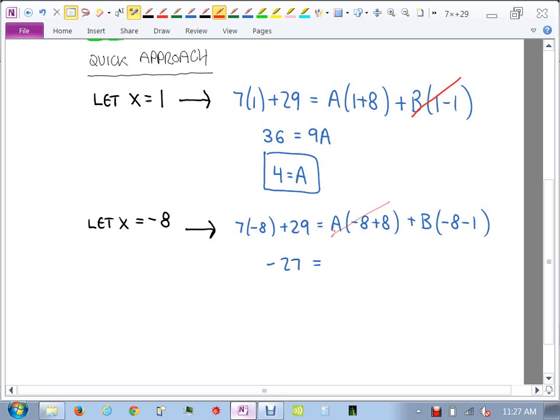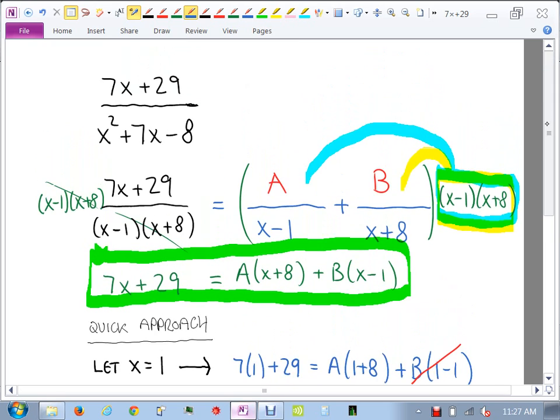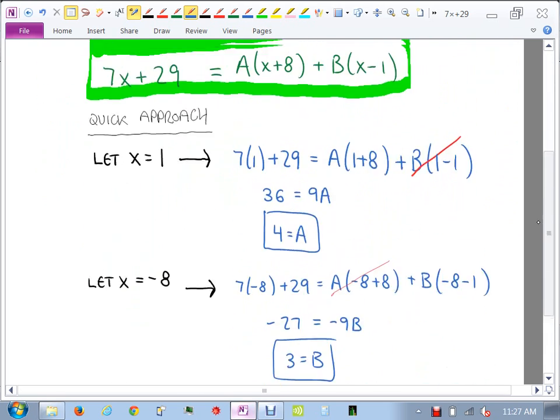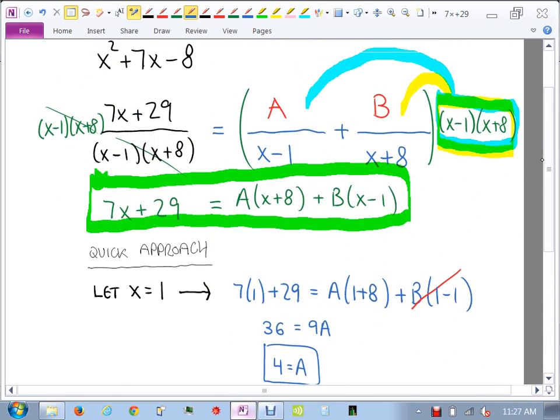And b, I have b times negative 9, which is negative 9b. So that means b is what? Positive 3. And these are the numbers that were in the equation. That's right.